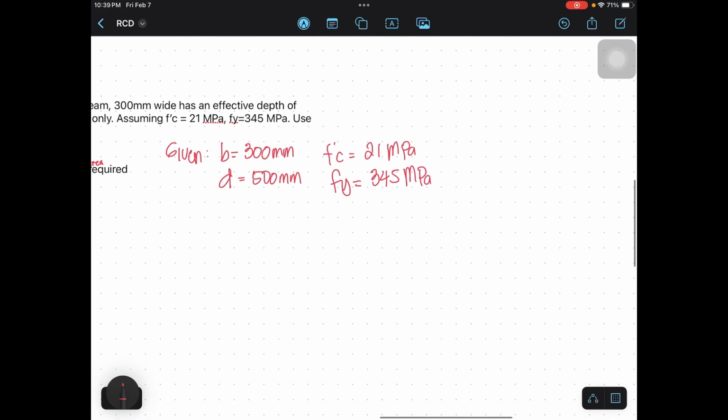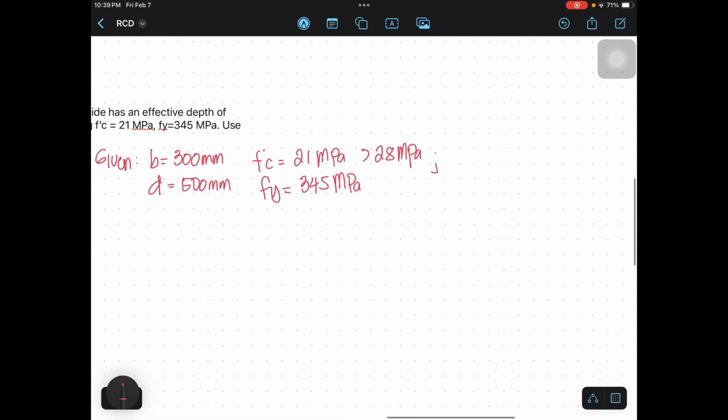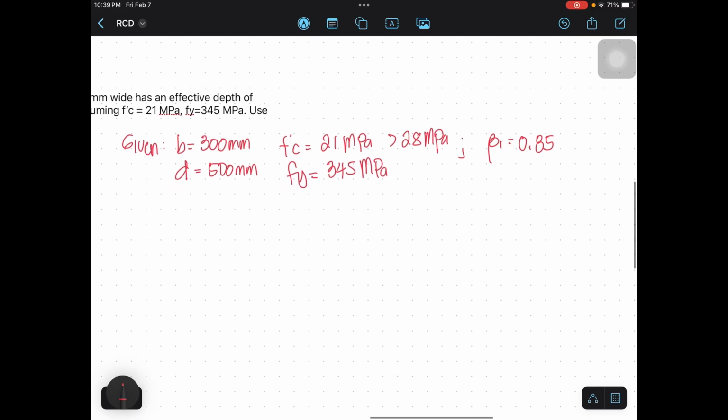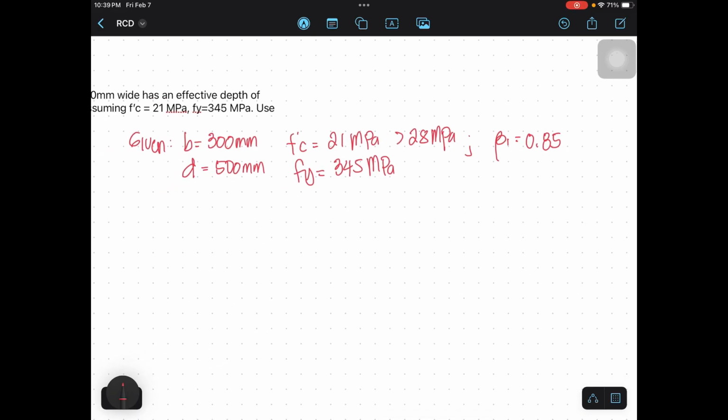Okay, since according sa provisions ng ating NSCP, if f'c natin is less than 28 megapascal, therefore yung ating beta 1 angle is equals to 0.85. So that is an additional given sa ating problem.